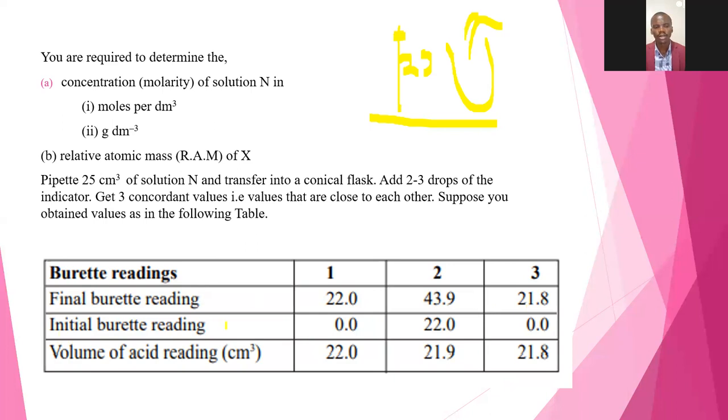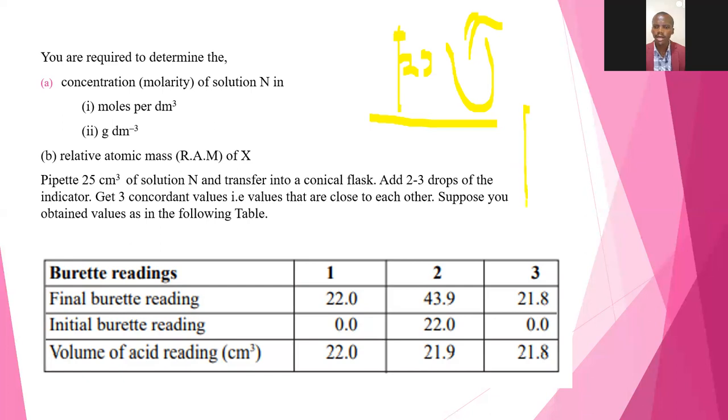So the first one, I placed my initial value as 0.0, that is before doing any experiment, at the beginning. Then if I titrate, the color changed at the volume of 22.0. So that is now the final reading of the burette.